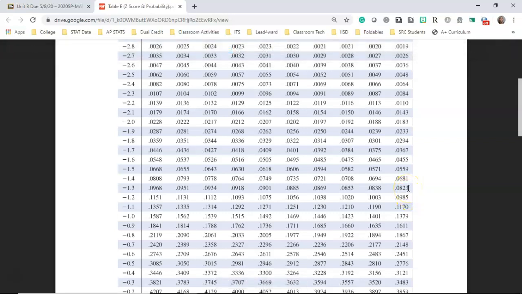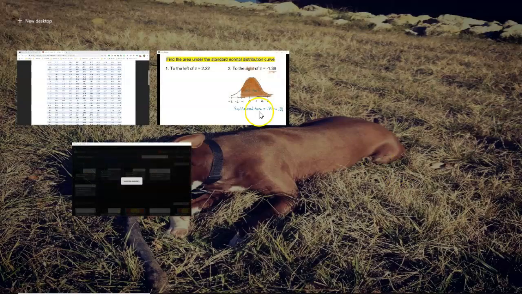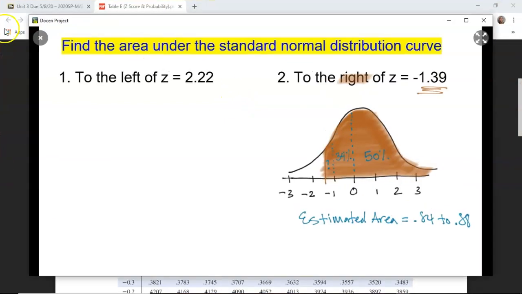And so this is the area that it's given me, which is not anywhere near the area that we found. And that is because this area, again, is the area to the left. So when I go back to my table here, the value that we have, 0.0823 that's in the table, well, that's the area in the white, right? That's this area. I want the area in the brown.